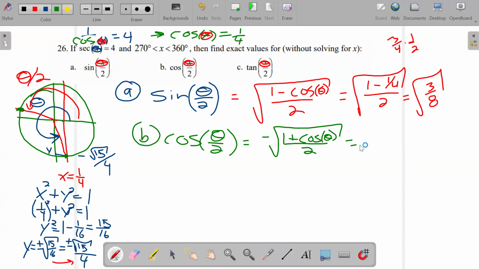So cleaning that up, we're going to get 1 plus a fourth over 2. So that would be 4/4 plus 1/4 is 5/4 divided by 2 should be 5/8. And it should be negative.